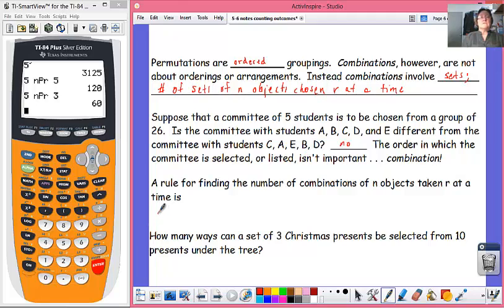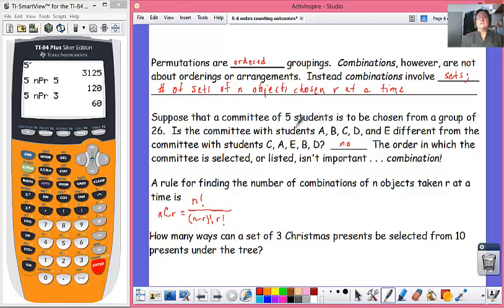The formula for finding NCR, that is combinations of n objects chosen r ways, is very similar. It's based on permutations, so n factorial over n minus r factorial. But then you also have to divide out the repetition, and that happens by dividing again by r factorial.